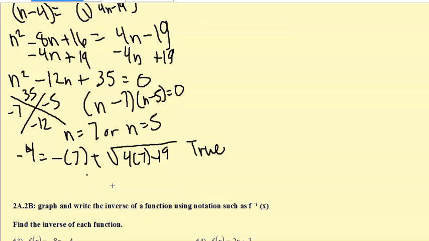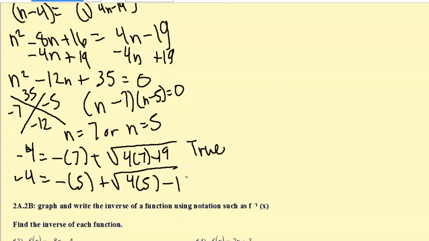And then you'll do the same thing with 5. And if you plug that into the calculator, you will also get true. So that means these are both real answers.